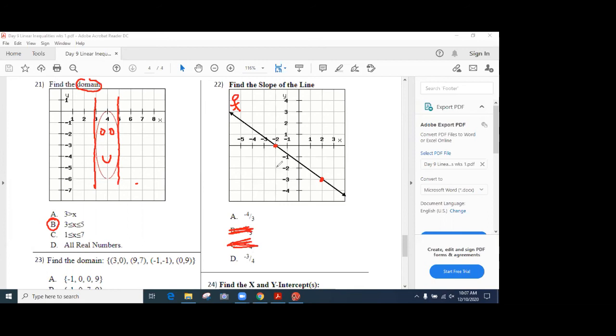So we're going to go down 1, 2, 3. So 3 is going to be on top over 1, 2, 3, 4. Which one puts 3 over 4? D. That part of slope, a lot of kids struggle with. If you struggle with that, that's okay. Nothing wrong with that.